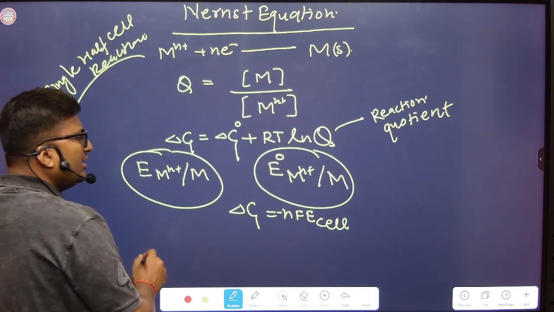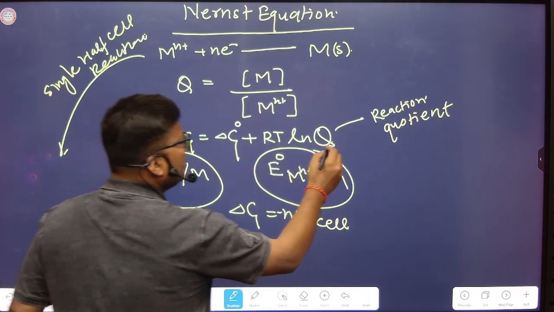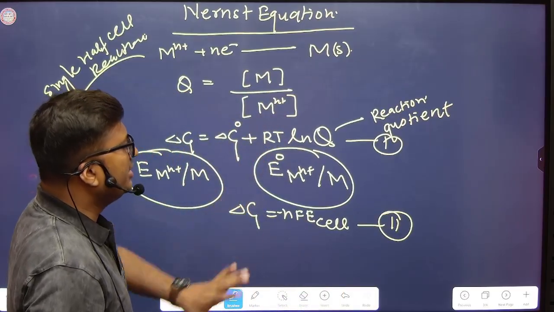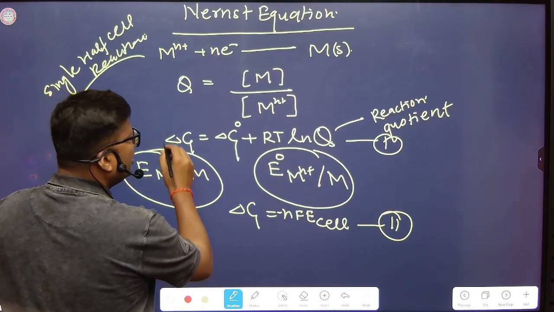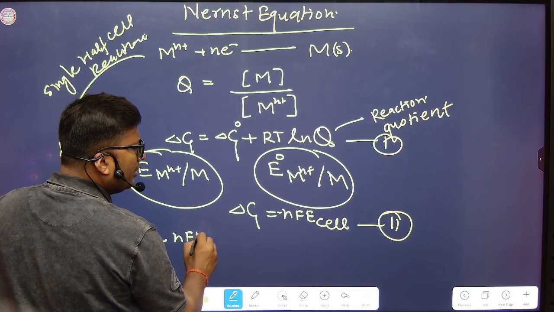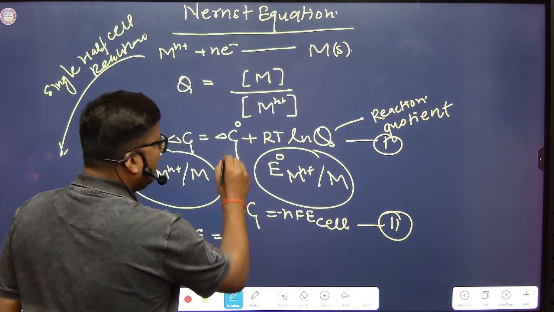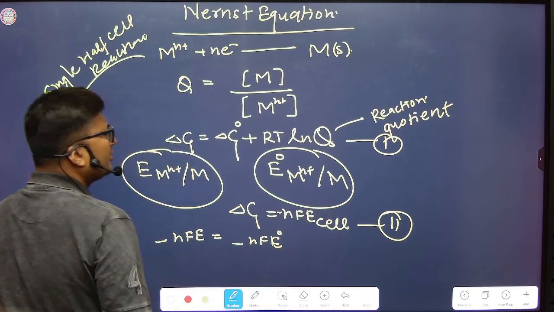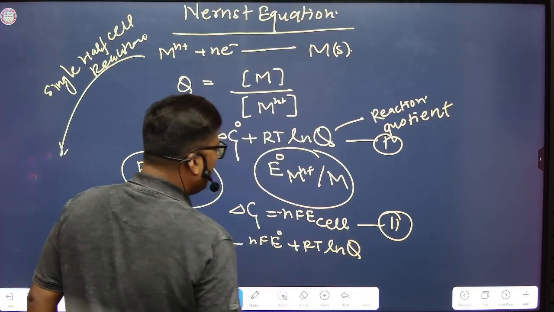So what happens here? By putting these values, this is equation 1, this is equation 2. The value of delta G is kept in this equation first. So minus n F E is equal to, at standard state, minus n F E naught plus R T ln Q, right?